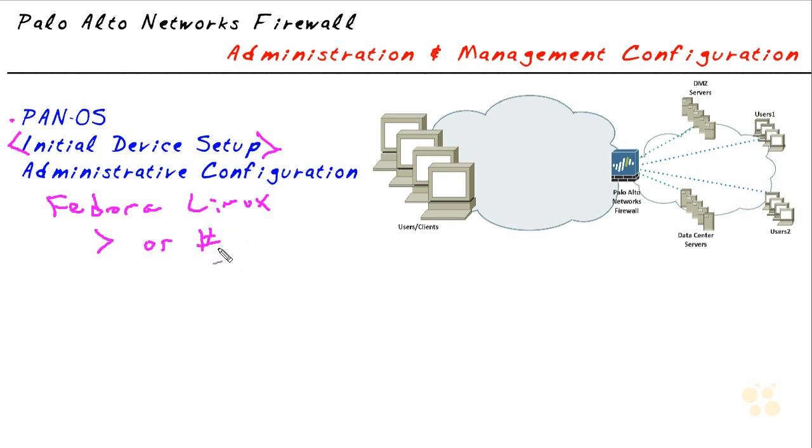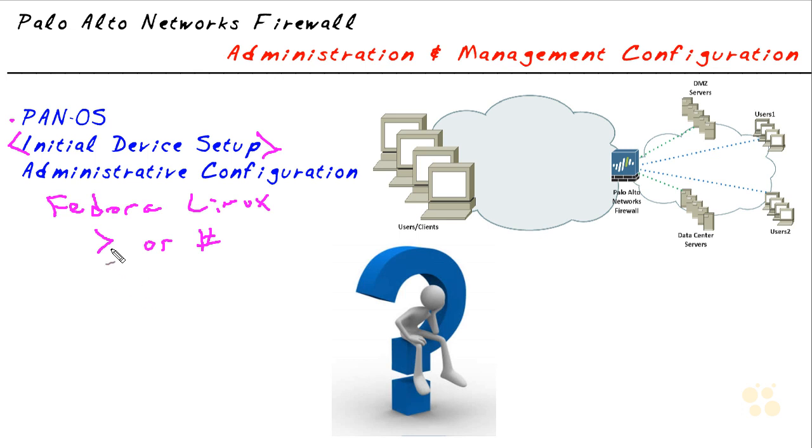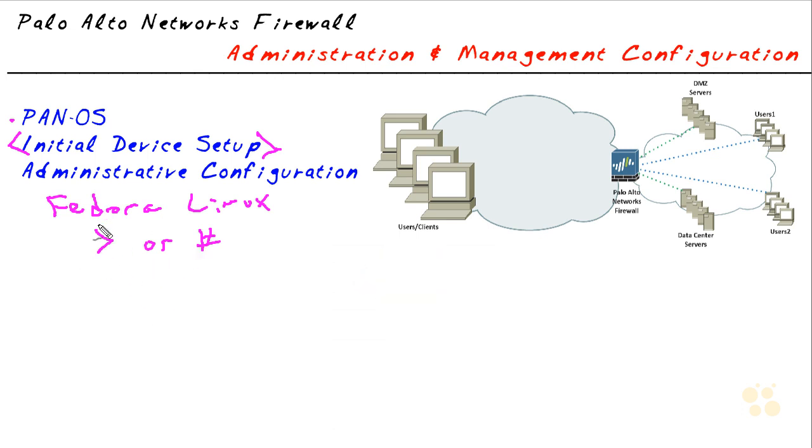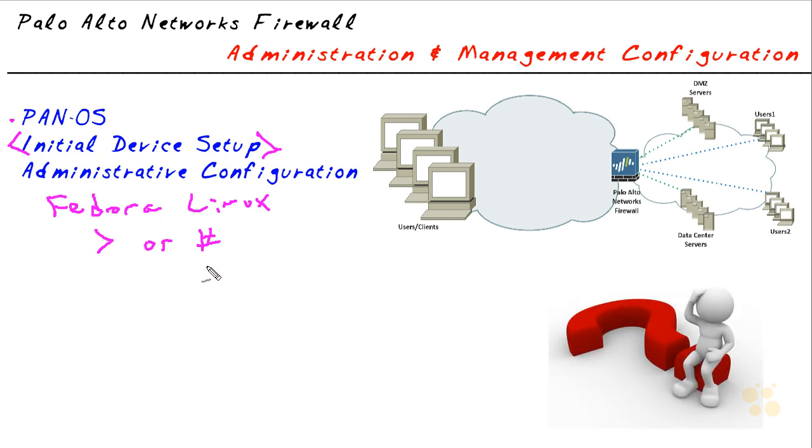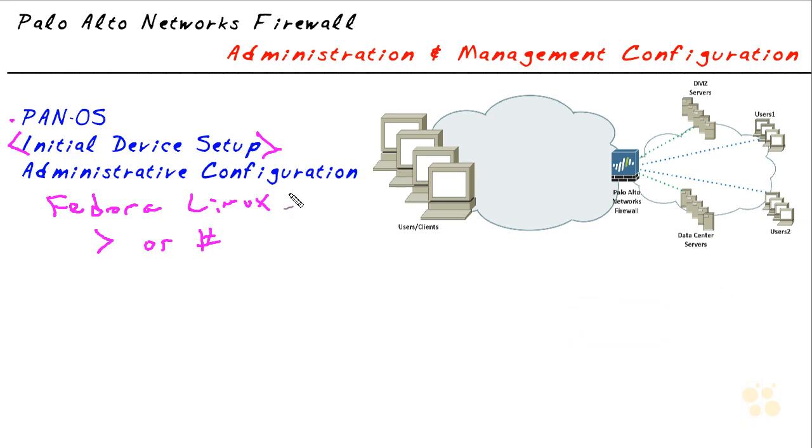If we've seen this with other vendors, this shouldn't be completely novel to us, but what are these going to mean? What different modes do you think I'm going to be in based on which one I'm at? The greater than sign will be my operational mode, absolutely, and the pound sign, that's right, configuration. So there we go, we've got everything set there.